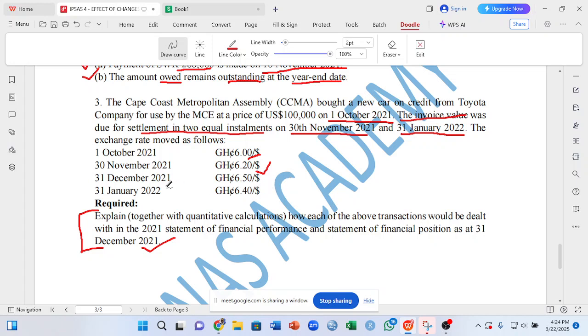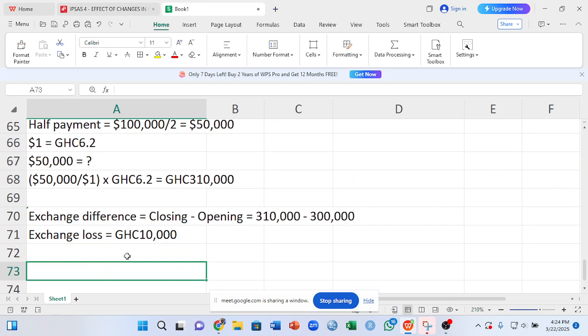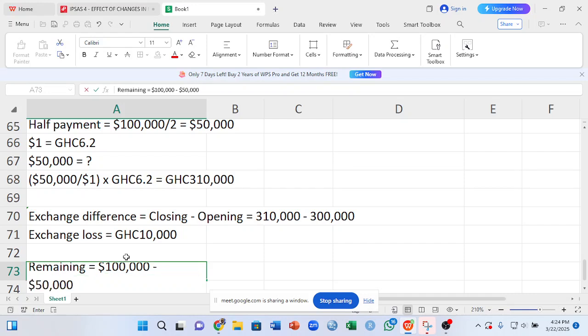So here we are going to translate the remaining left. So what's the remaining amount we have left in foreign currency? The remaining will be the total that we had, which was the 100,000, and then you have only paid 50,000 of it.